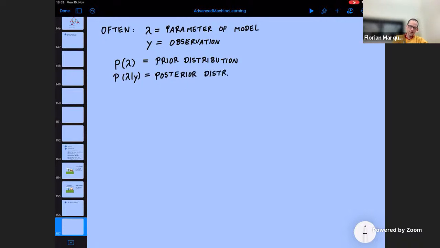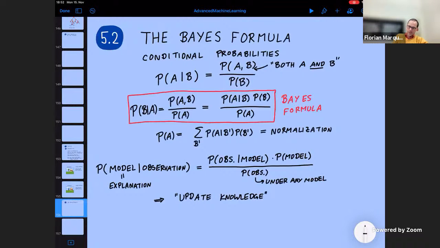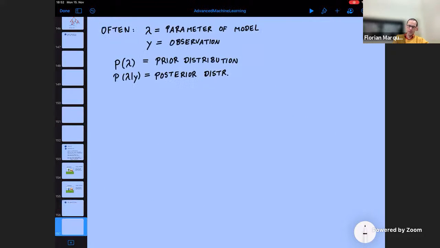And then finally, we had another crucial term here, which was the probability of the observation given the model. So in our new language, that would be P of y given lambda, and that we would call the likelihood. So that's the likelihood of making a certain observation given a particular model, assuming a particular model.